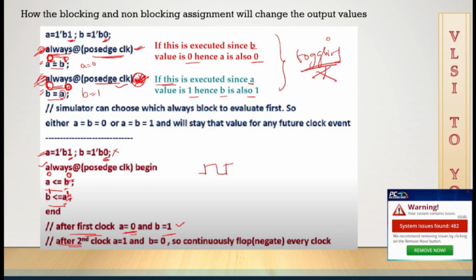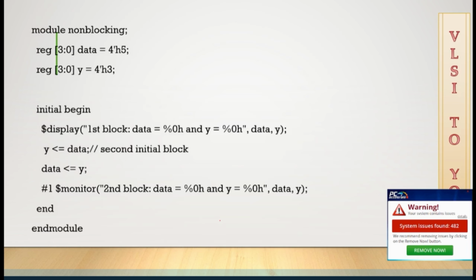Now at the second passage of the clock, what will happen? Again reverse, like A equal to 1, B equal to 0. Like flip-flopping, all the values will always be 0, 1, 1, 0, 0, 1, 1, 0. In this way you will get the output. Got my point? So this is what we need. Is it or not? Okay.